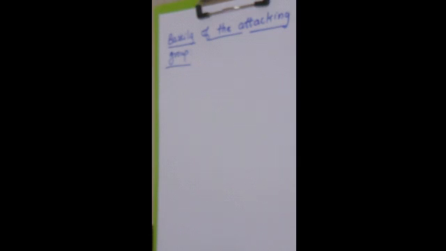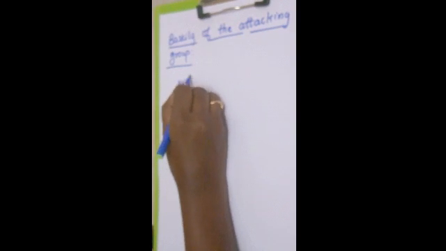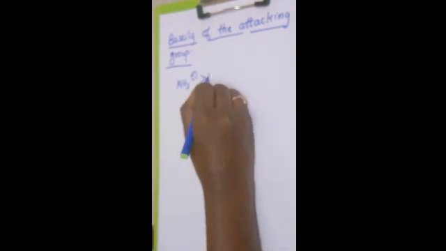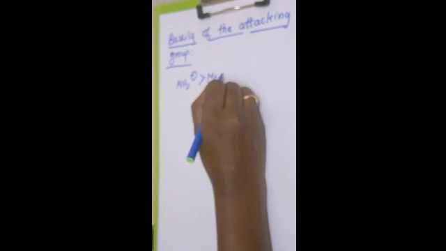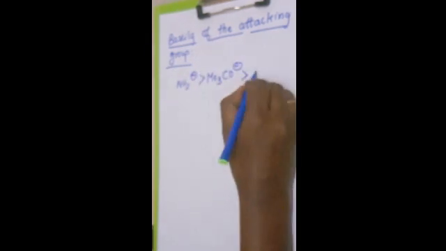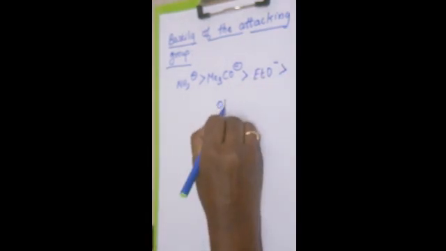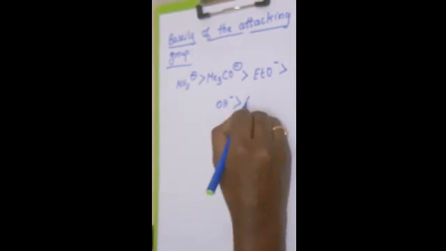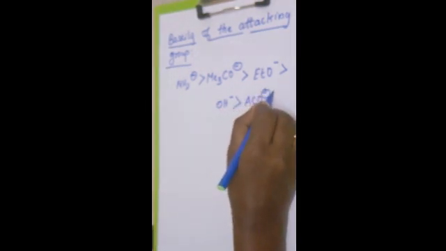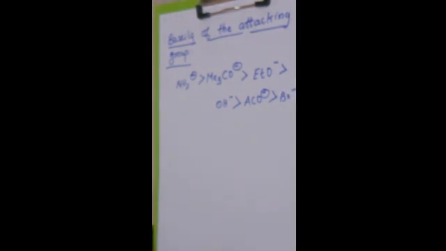So the decreasing order is NH2 minus greater than Me3CO minus, greater than EtO minus, greater than OH minus, then acetate ion, then halide. And the E2 mechanism is almost zero when Br minus is the attacker.